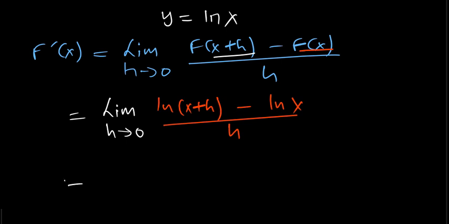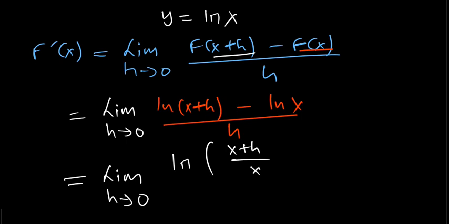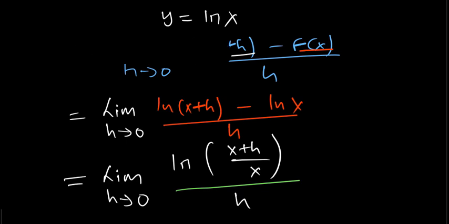So when you've got the same log and base, when you're subtracting, you can divide. So in this case x plus h over x. If we were adding, we would have multiplied. But in this case first principle is always a minus, so we're going to divide, and then over our h. Getting interesting, right?